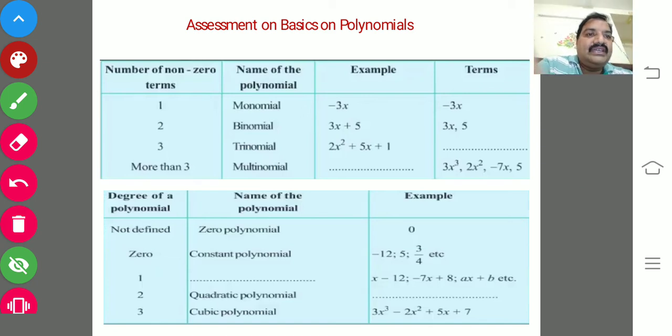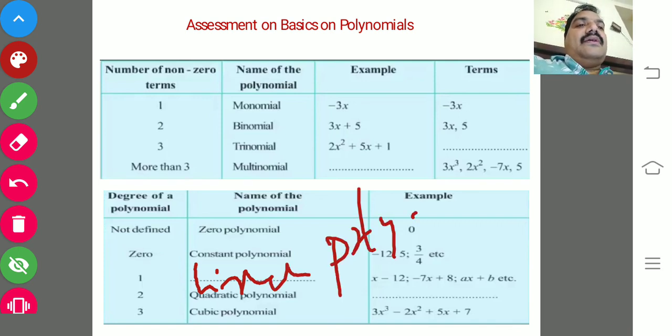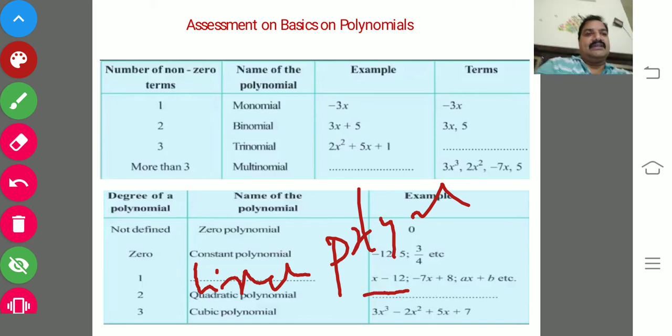And now here x minus 12, minus 7x plus 8 and ax plus b, here something is there. So this is called what? It's a linear polynomial. Because if you observe, in all cases the power is 1.